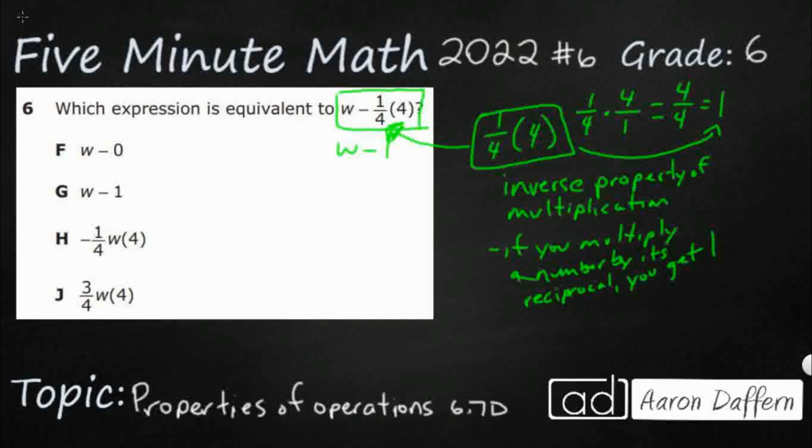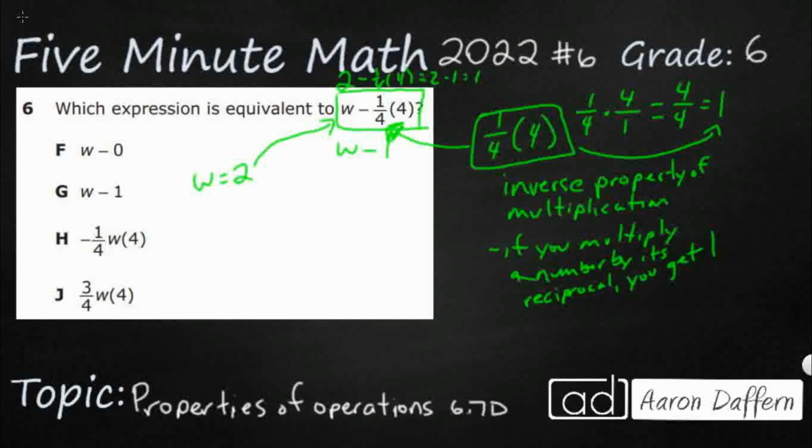So let's just verify. Let's make W equal 2. We can double check. We're thinking it's G, right? If I put this 2 right in here, so 2 minus this 1/4 times 4, that's going to end up being 2 minus 1 equals 1.